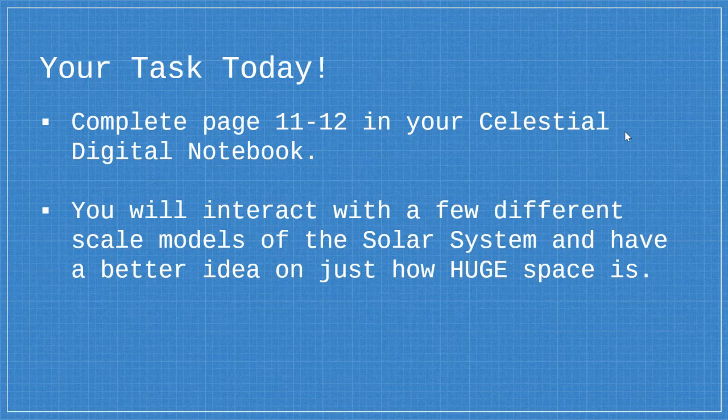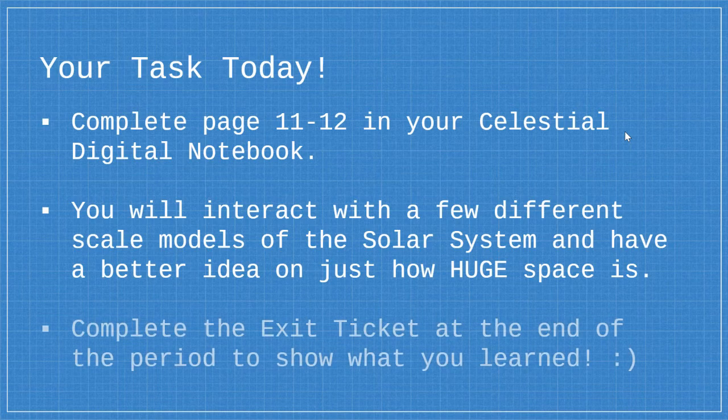But when you complete these pages, I want you to think about just how huge space is and what the relative sizes are between all of the different objects in space. Then, once you finish pages 11 and 12, you're going to complete the exit ticket for today, where you're just showing what you've learned.